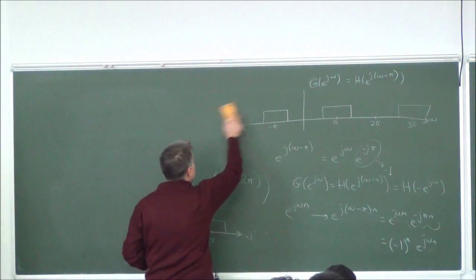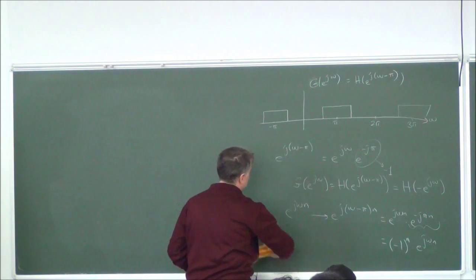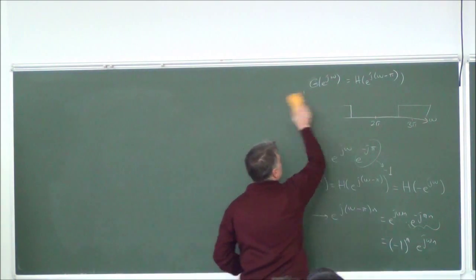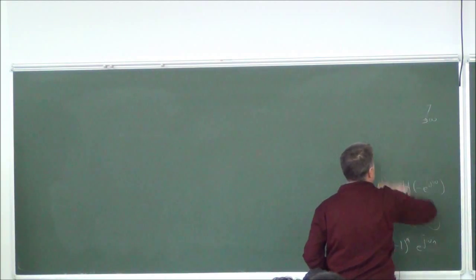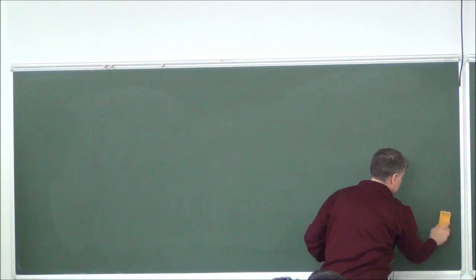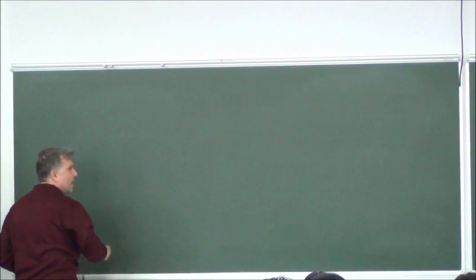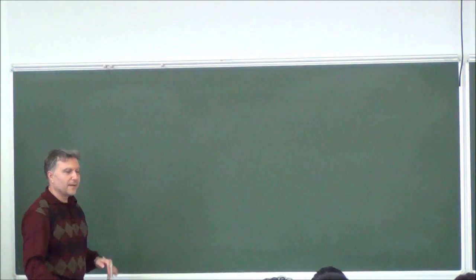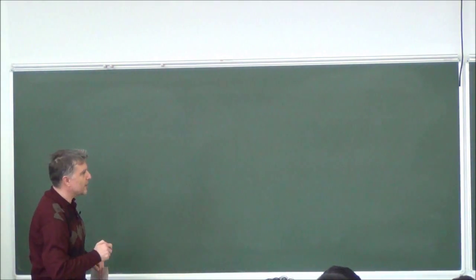How come their effect is, in a sense, somewhat similar? Why is it the case? I won't go into the details of that, but I will just give a brief motivation about how come they are sort of similar to each other, j omega and 1 minus e to the minus j omega.